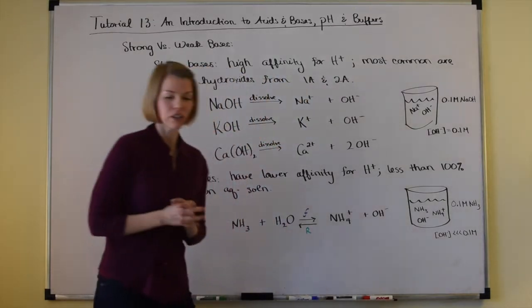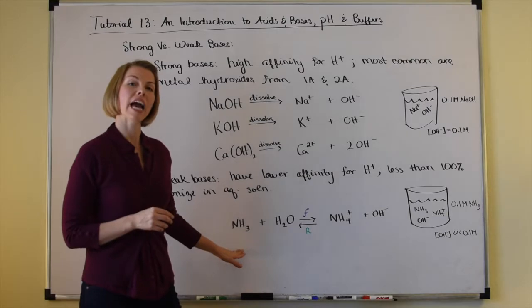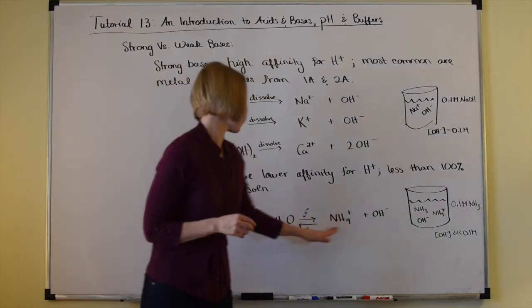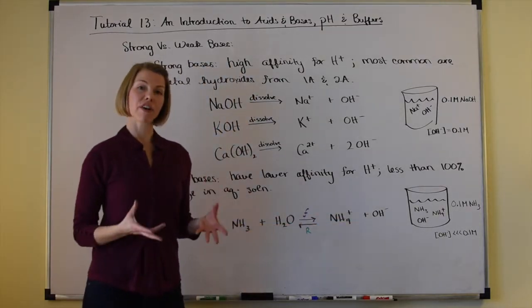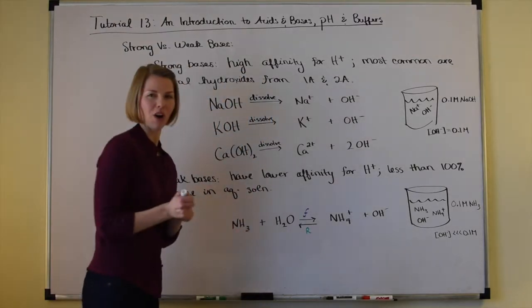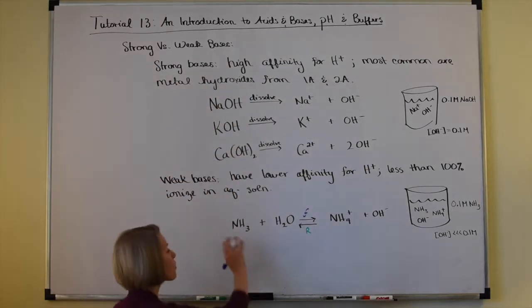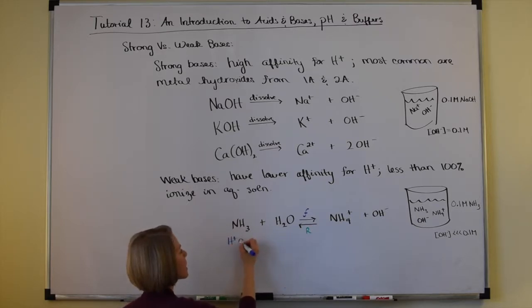All right, so let's go ahead and take a look at this reaction and analyze both the forward and reverse reaction and identify the conjugate acid-base pairs. A good review before we go on and talk about neutralization reactions. So in our forward reaction, ammonia is the H+ acceptor.